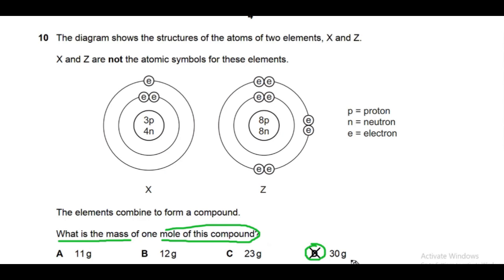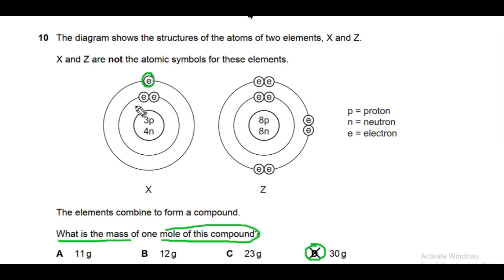So how do you calculate? You see, X is a group 1 element because the outer shell has 1 electron.